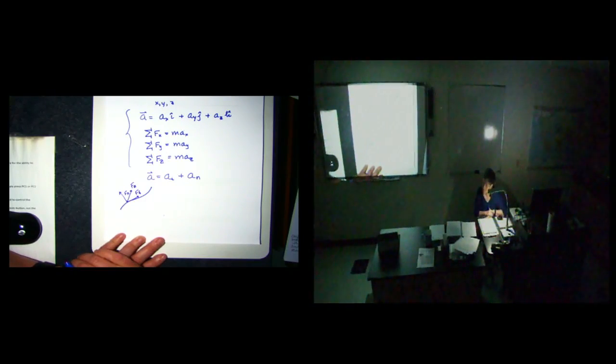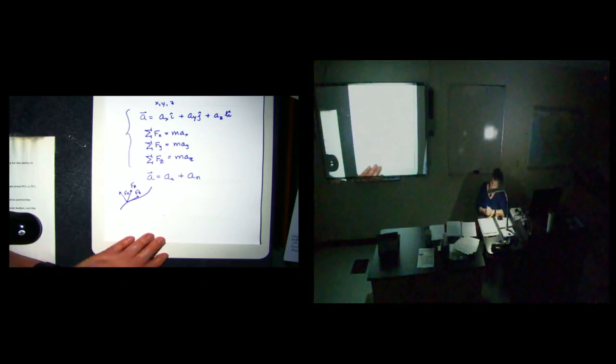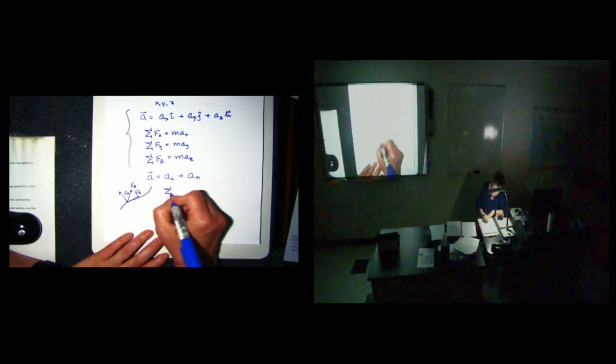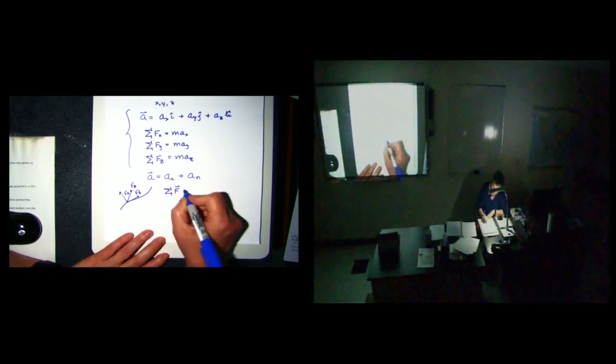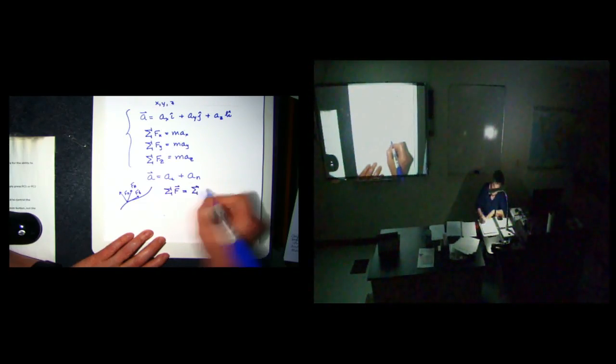And so I end up with the sum of the forces u_t is going to equal mass times my tangential acceleration. Sum of the forces u_n is going to equal mass times my normal acceleration, and then this one goes away, makes life nice, but I end up with 0.